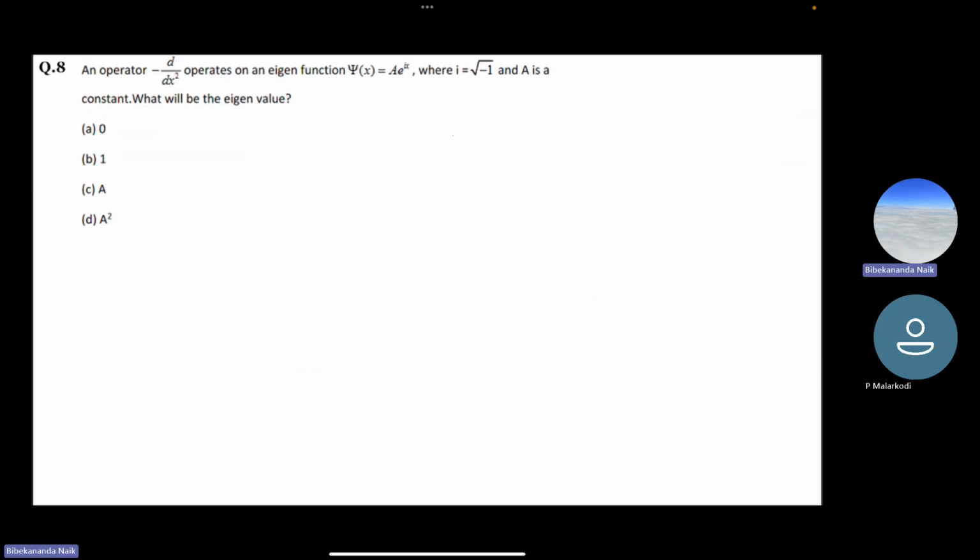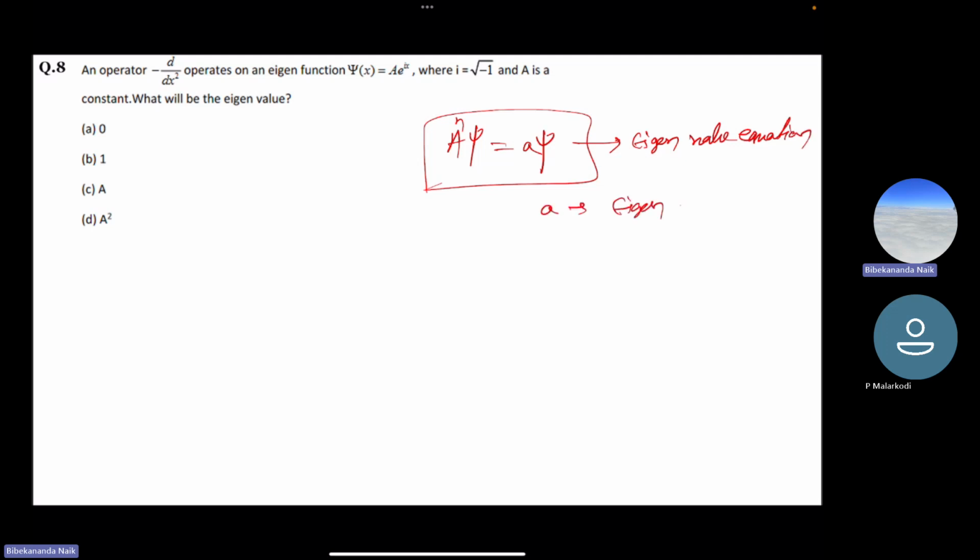For example, suppose there is an operator A. If A is operated on a state psi, and it produces a value a and again that state, then this equation, which has the form A cap psi equals a psi, is called the eigenvalue equation, where a is called the eigenvalue and psi is called the eigenfunction.